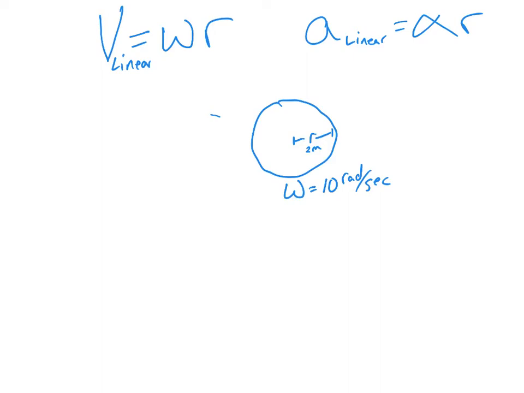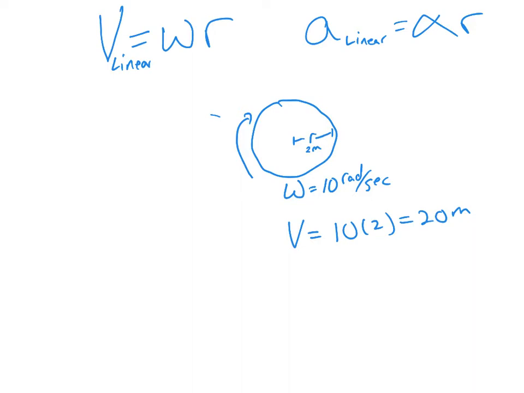So if we say that it's got an omega that is clockwise, then we would know that the velocity would be 10 times 2, so the velocity would be 20 meters per second, and it would be going this way, because the wheel would be pushing it that way. All right? So you can use that to figure that stuff out.